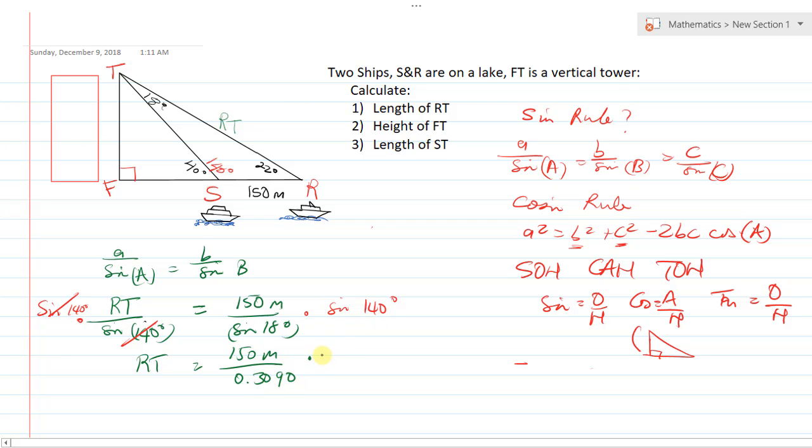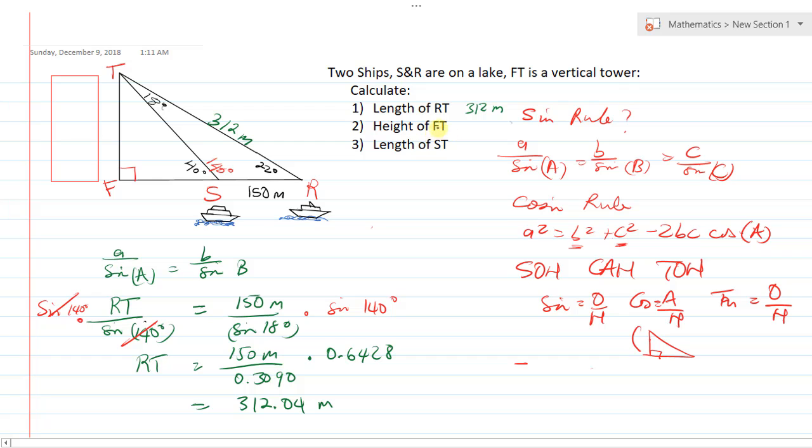Multiplied by sine 140, which is something like 0.6428, that gives us an answer of 312.04 meters, which is essentially the same as saying RT is equal to 312. Okay, good. So the answer was 312 meters.